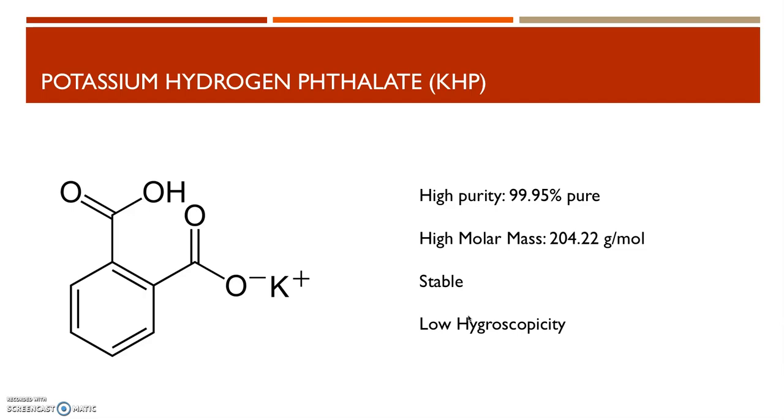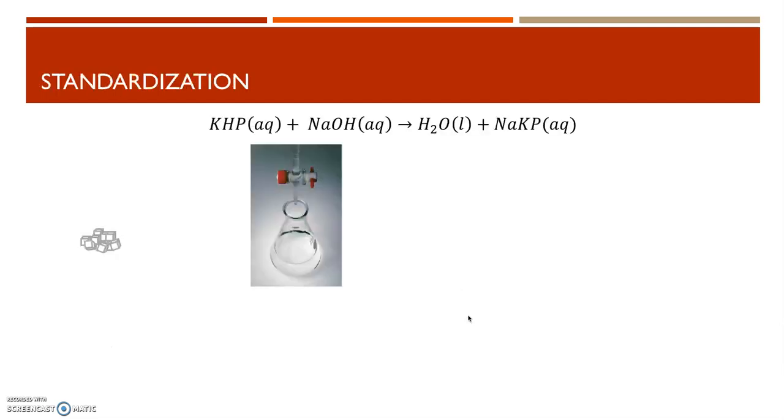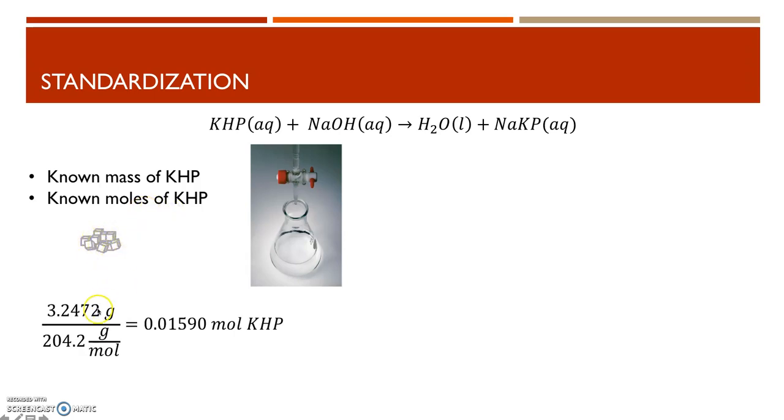And so how we do a standardization is we make our NaOH solution. We follow the titration method the way it has been described to you before. We are going to have a known mass of KHP, which means we have known moles of KHP. So here's some little KHP crystals. And I can use the mass that I find from the balance and divide it by the molar mass to get moles of KHP.